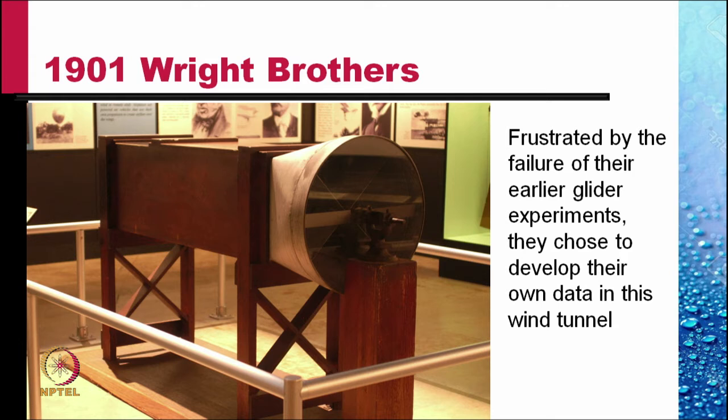They found that the data they obtained was very different from the data that had been reported earlier. And because of this, they could design better airfoils and better gliders.